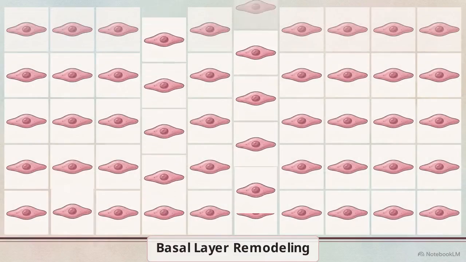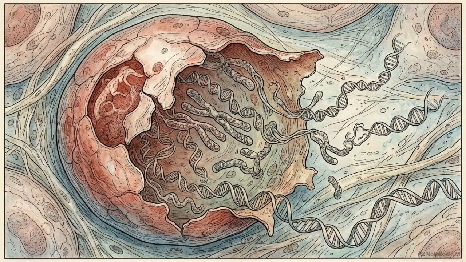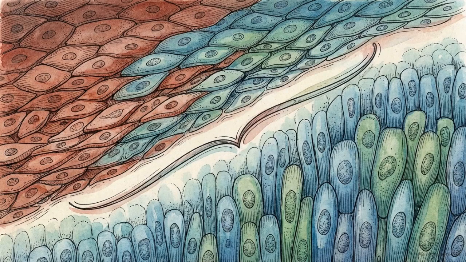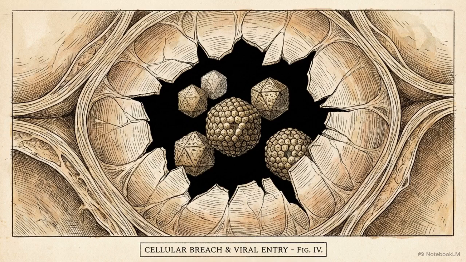This constant architectural turnover requires the foundational basal cells to divide rapidly. Because they are dividing so frequently, their genetic material is repeatedly exposed to the outside environment. Consequently, the cervix's own necessary ongoing architectural remodeling creates an area called the transformation zone. This zone serves as a vulnerable back door for an oncogenic virus to hijack.